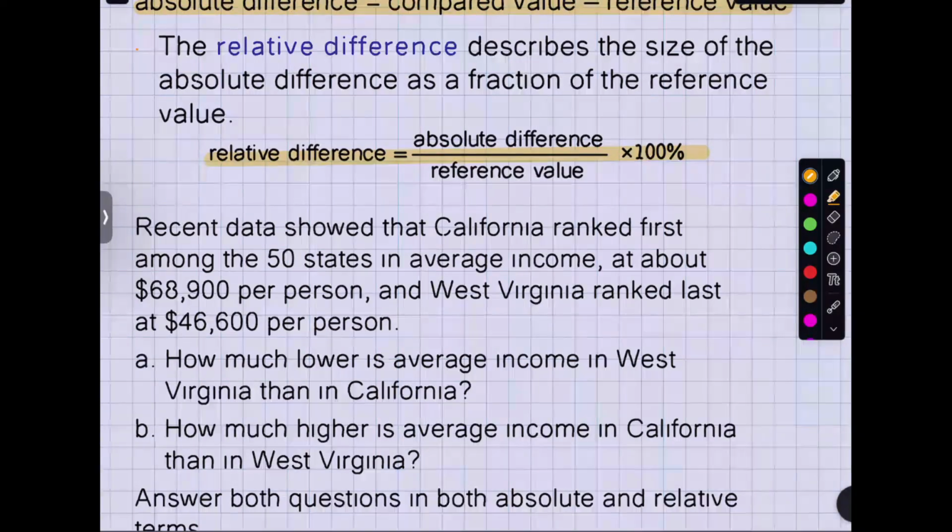Because this is now about which number to put where, right? Which one is the compared value and which one is the reference value. And this is where you kind of want to make notes on how it's said and what would be your compared versus your reference.